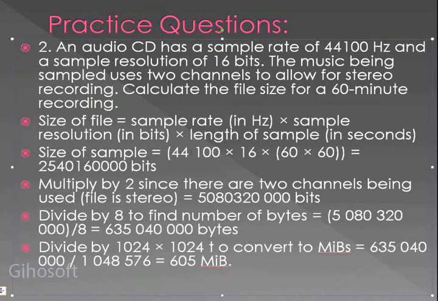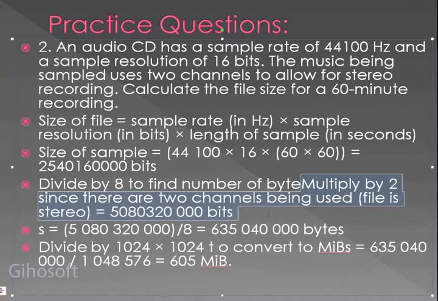Now if you don't want to do this step, if you want to skip this part, then what you can simply do is, instead of 16, just write here 2 in the first place. Means write the sample resolution in bytes instead of bits, and you can skip this part.